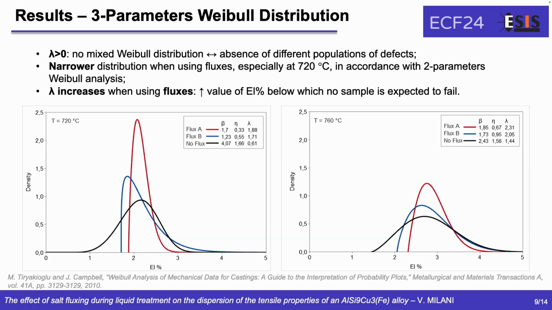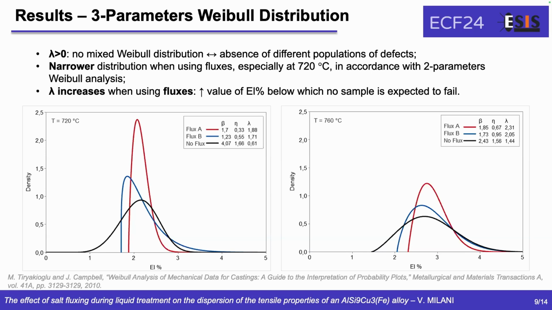Moreover, a narrow distribution was obtained when using fluxes again, especially at 720 degrees, which is in accordance with the previous two-parameter Weibull analysis. And lastly, the threshold parameter increases when using fluxes, which also implies an increase of the value of elongation below which no specimen is expected to fail.